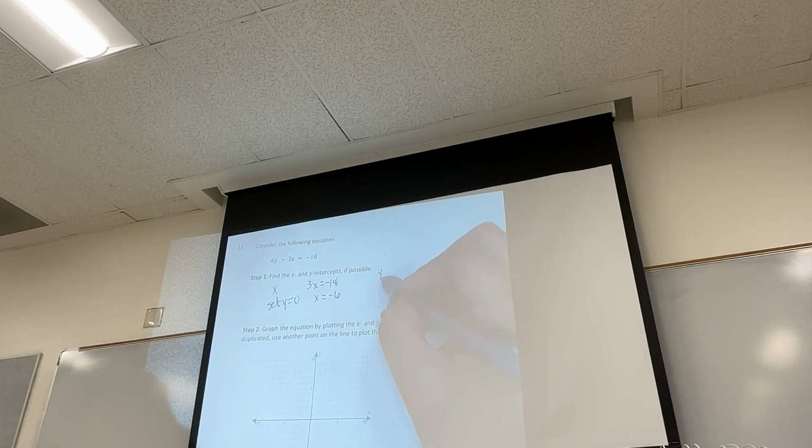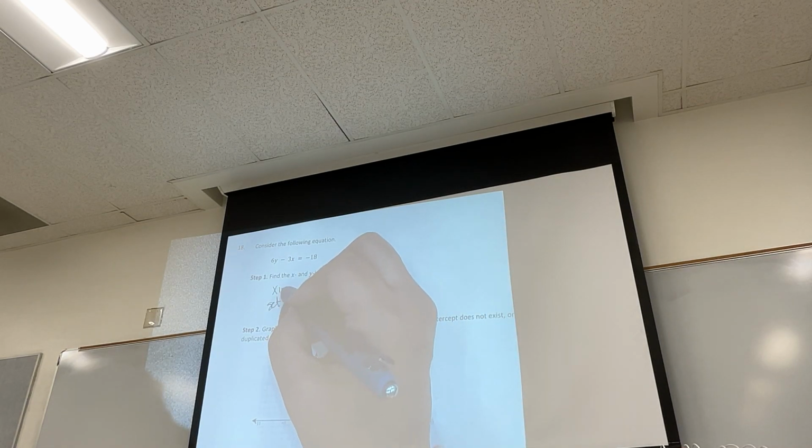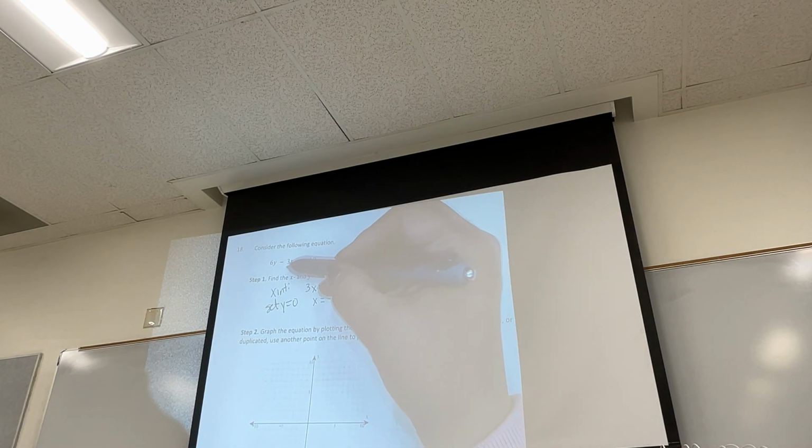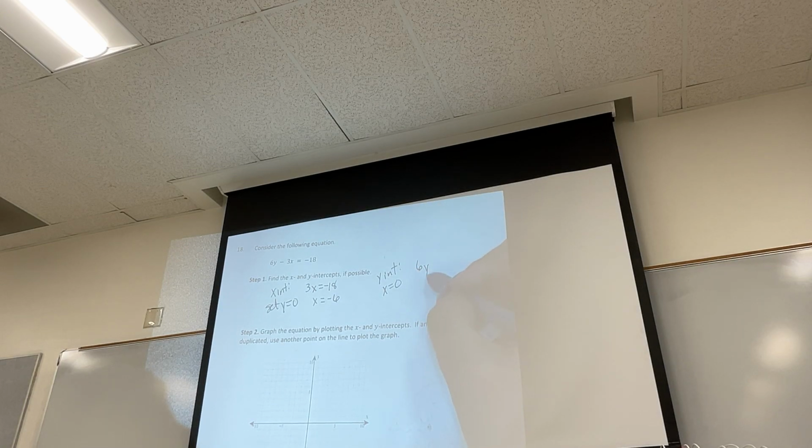If I want a y-intercept, I set x equal to 0. I'm abbreviating intercept, okay? So if x is 0, this goes away. We're left with 6y equals negative 18. We only want the y, not the x. Divide by 6.